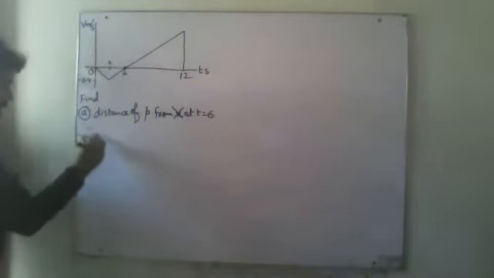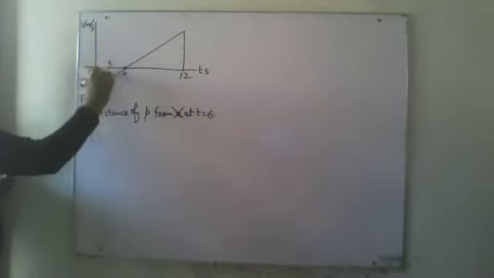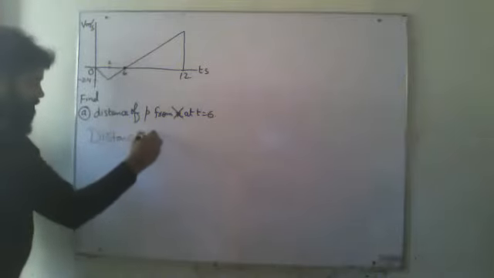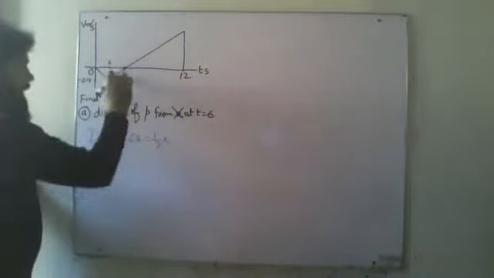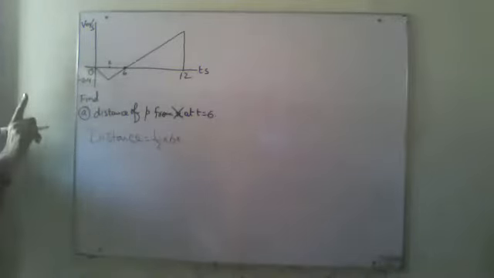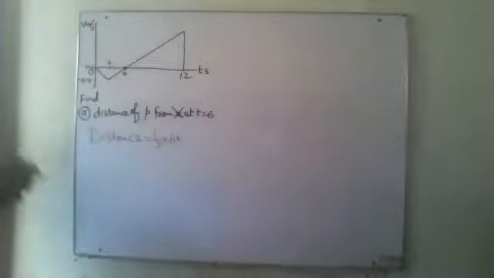Plain and simple, I have to find the area between the axis and the graph. So distance equals half into base into height. Height will not be taken as negative. The negative sign is only showing the direction.